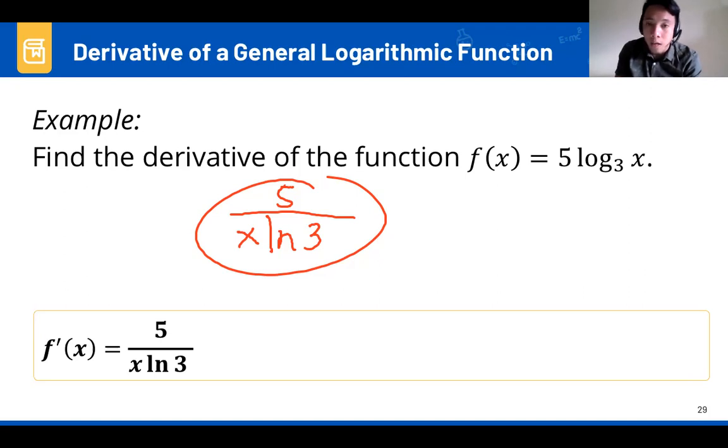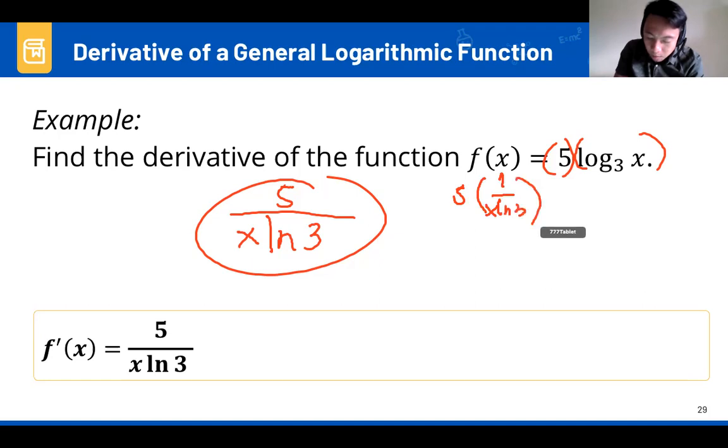there is a problem with the internet, it is getting slow. Let's wait for it to open. Okay, so we have here 5, multiplied by the derivative of log x with base 3, which is 1 over x ln 3, plus g multiplied by the derivative of 5, which is 0.